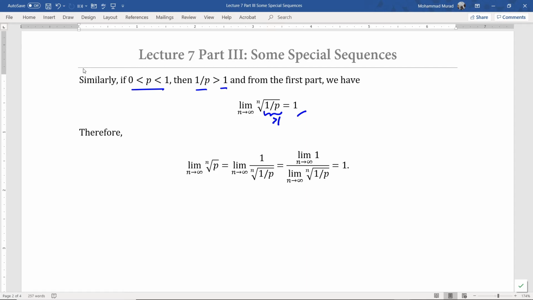Therefore, the limit of the nth root of p as n approaches infinity can be written as the limit of 1 over the nth root of 1 over p. And then by the quotient rule of limits, this equals 1 over the limit of the nth root of 1 over p, which gives 1 over 1, simplifying to 1.